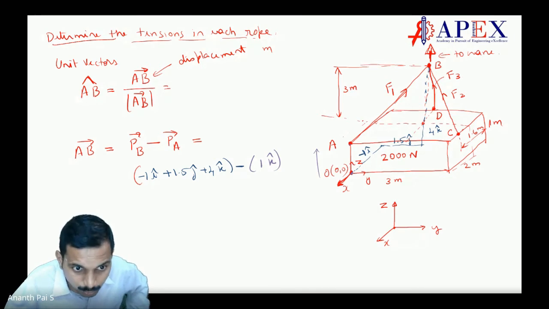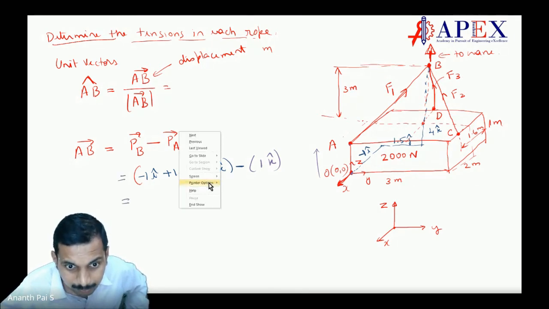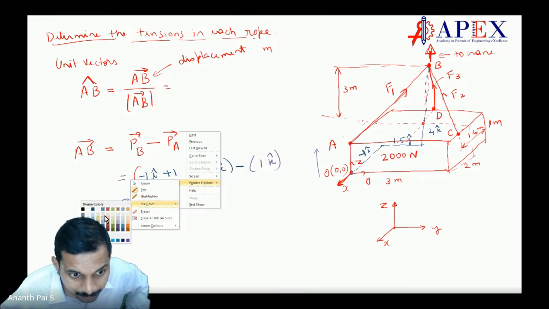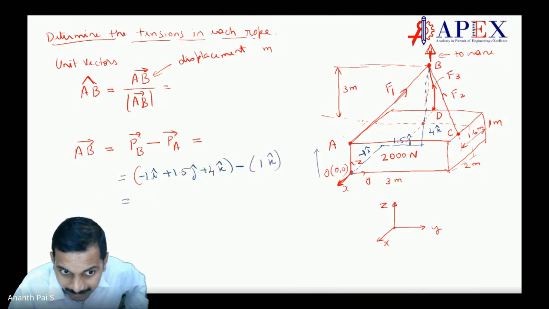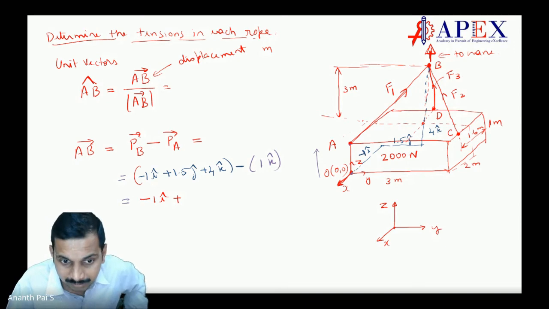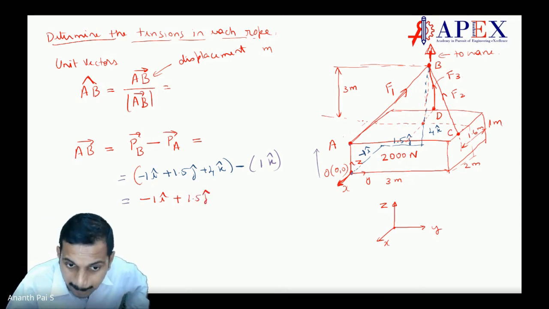So now PB minus PA will be equal to, in red color, minus 1I minus 0I, plus 1.5j minus 0j, plus 4k minus 1k, so 3k.